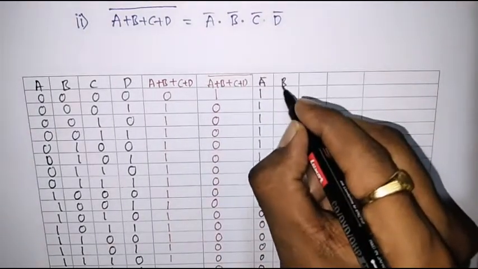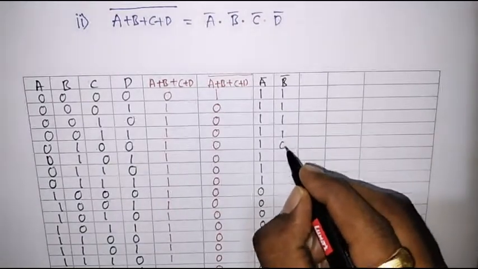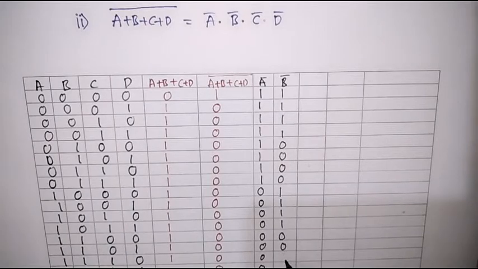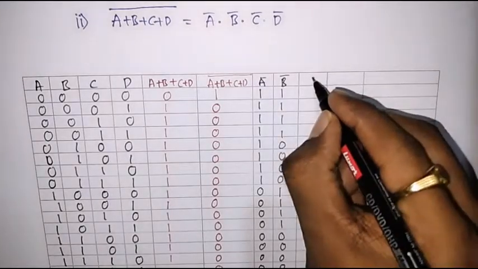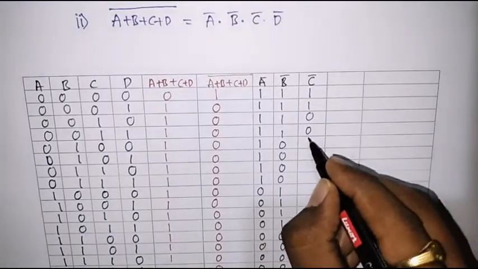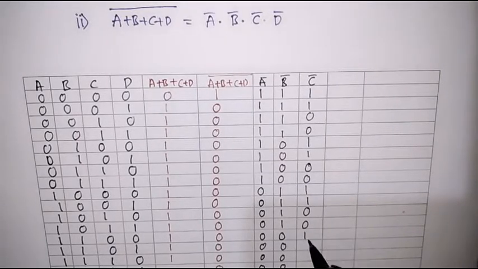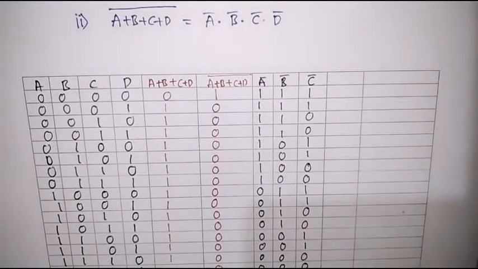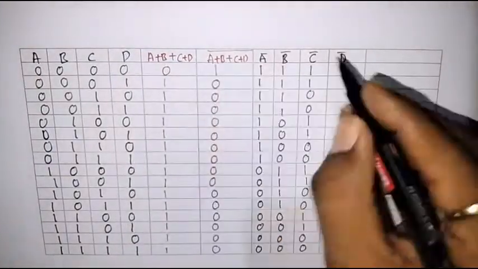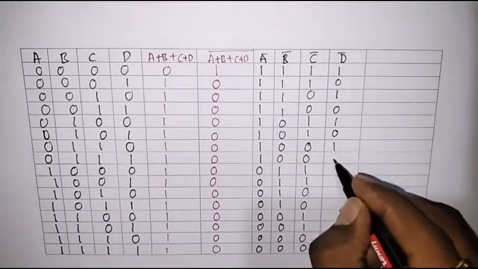Next one is B bar, the complement of the B input, that is 1, 1, 1, 1, 0, 0, 0, 0, 1, 1, 1, 1, 0, 0, 0, 0. Next one is C bar, the complement of C, 1, 1, 0, 0, 1, 1, 0, 0, 1, 1, 0, 0, 1, 1, 0, 0. And next one is D bar, the complement of D, 1, 0, 1, 0, 1, 0 alternately.